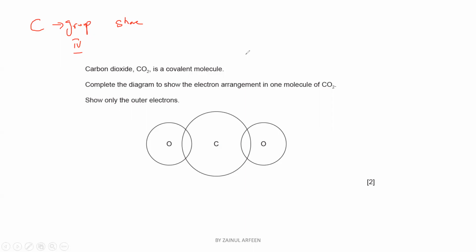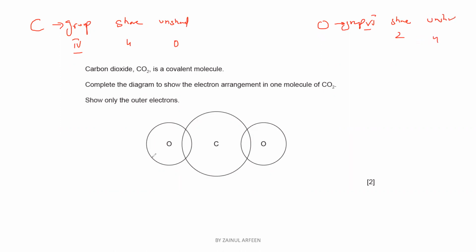How many will it share? And how many unshared will be there? 0. Oxygen belongs to group 6. How many will it share? 2. And how many unshared will be there?